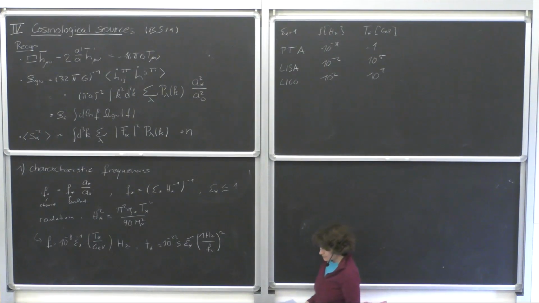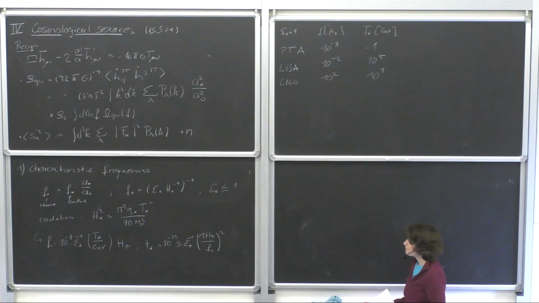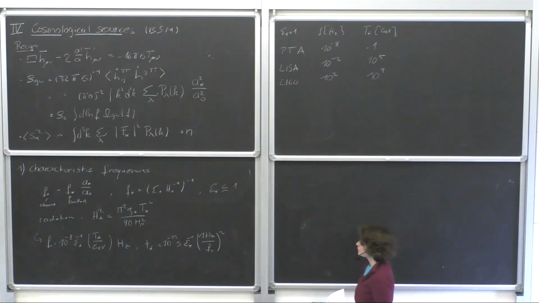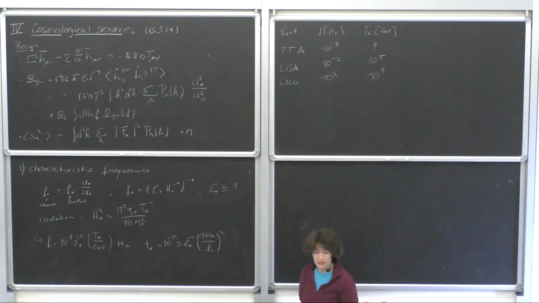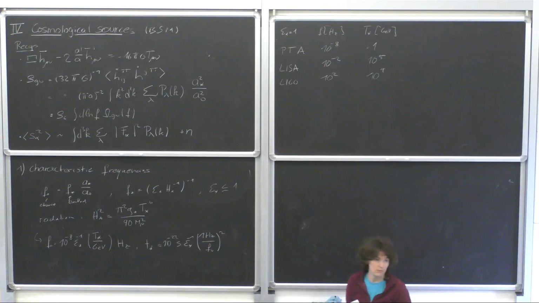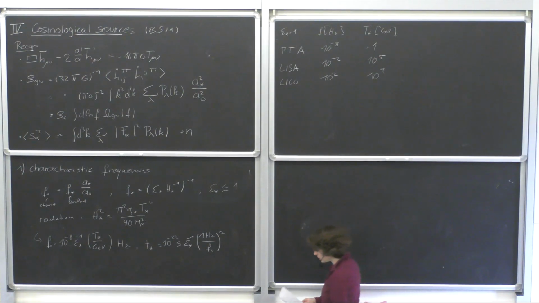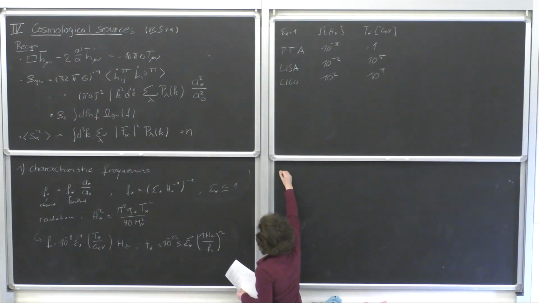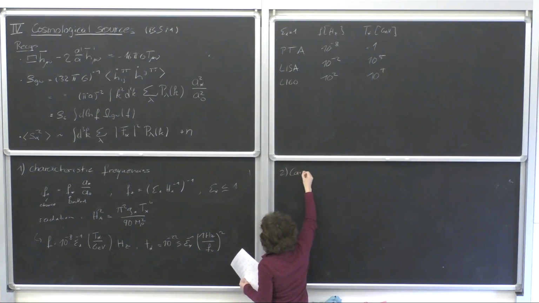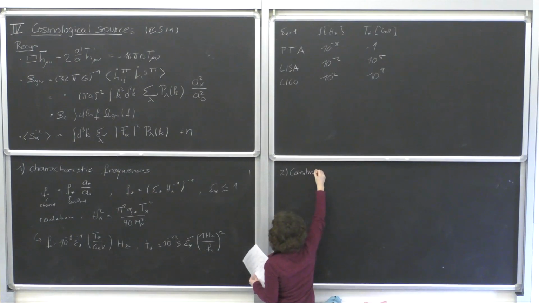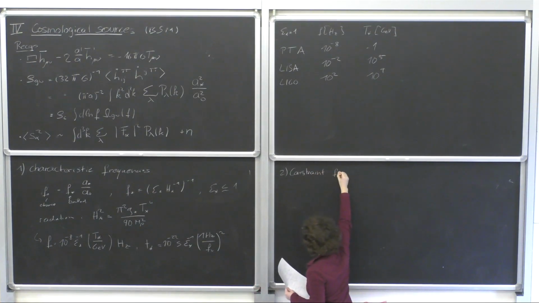Okay, so let's talk about the amplitude. For the amplitude, we actually already have a constraint, not only from the direct observations that we have, say, with LIGO, but also from cosmology. We have a constraint on the amplitude from BBN and CMB.